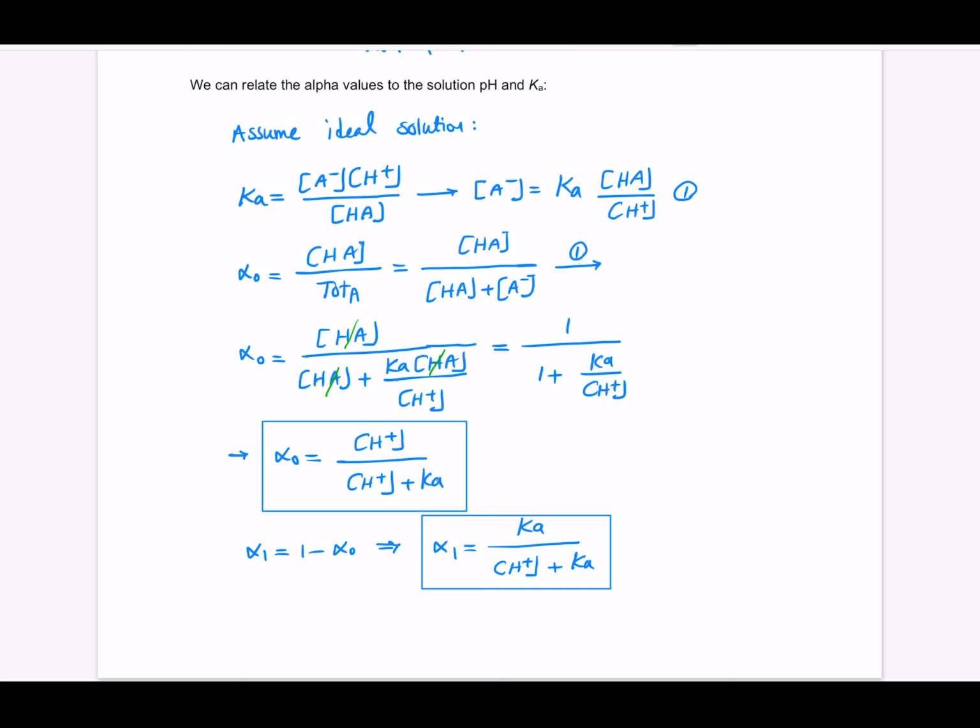So in that case, we have alpha 0, alpha 1, and alpha 2. Also for triprotic, it would be all the way to alpha 3. So, and then the proving that would be pretty much the same as this one. You're not required to do that. Although one of my instructors asked us to do it for the triprotic, which was a pain. It's basically the same procedure, but it would be more involved.